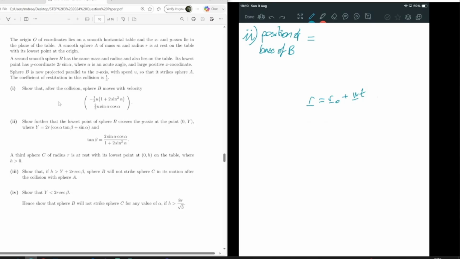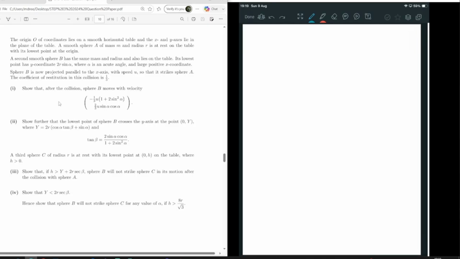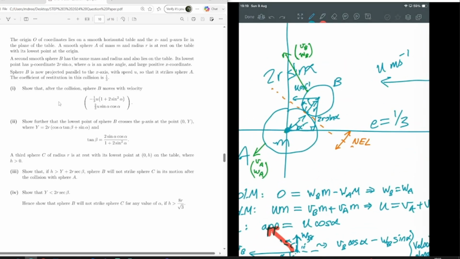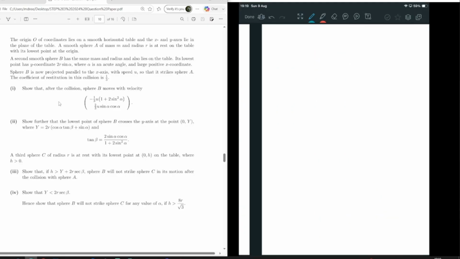So we can work out the position where the collision happened, which is this point here. So that was 2r sine alpha was the y coordinate, and the x coordinate will be 2r cos alpha.